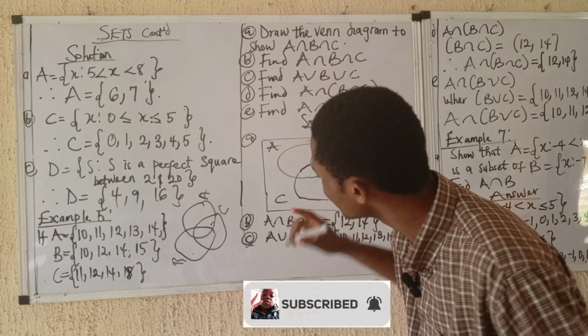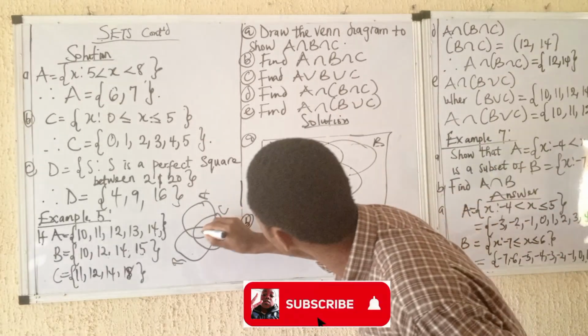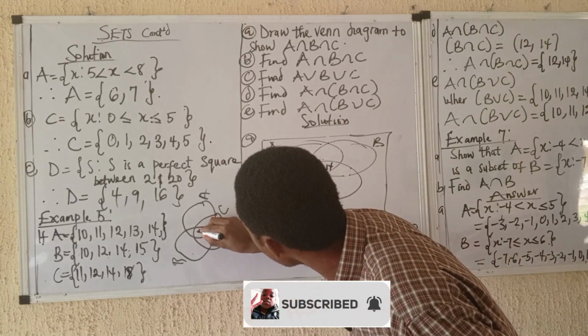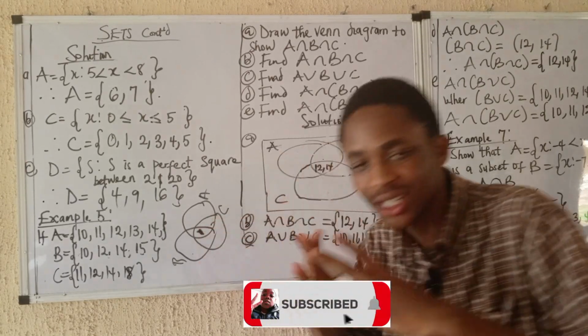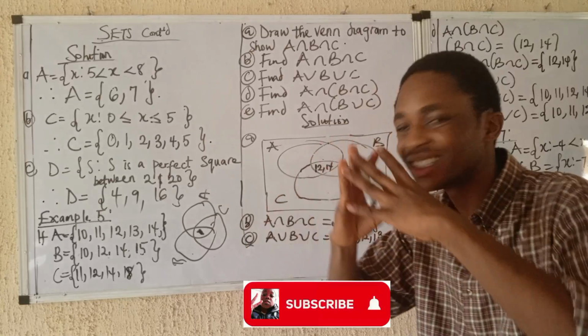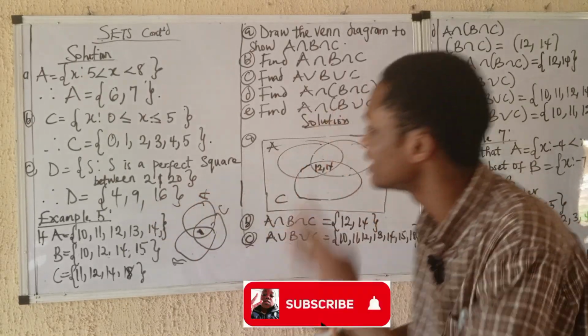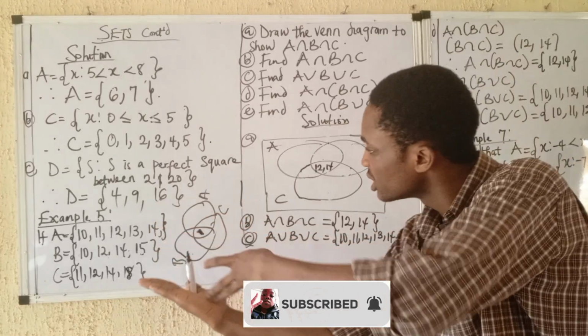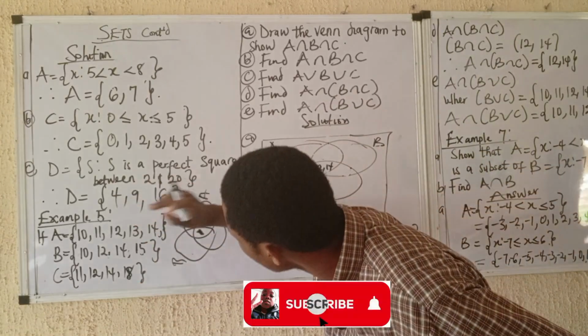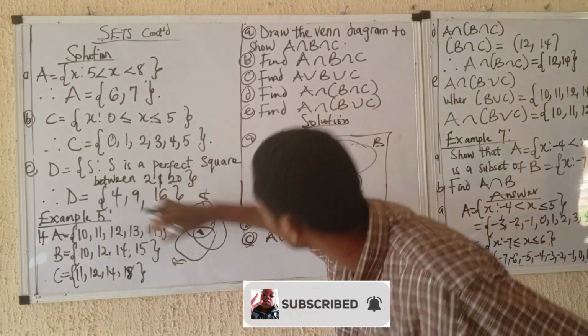The intersecting point is the region where the three are touching each other, where the three are in equilibrium and the same. So the elements in this place are the elements common to the three sets. The elements common are 12 and 14.